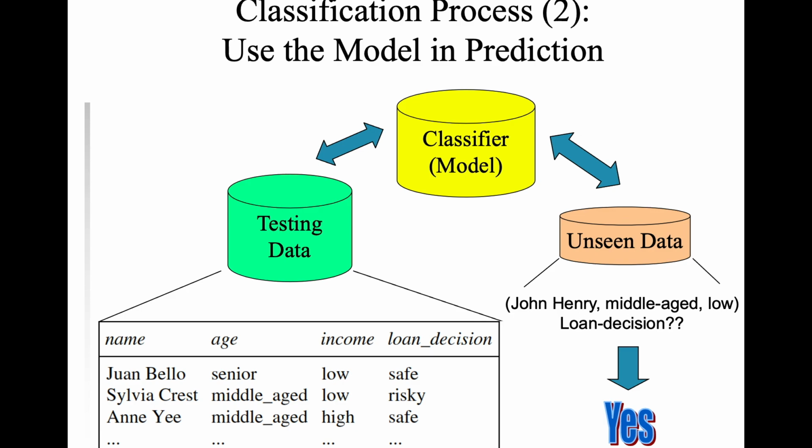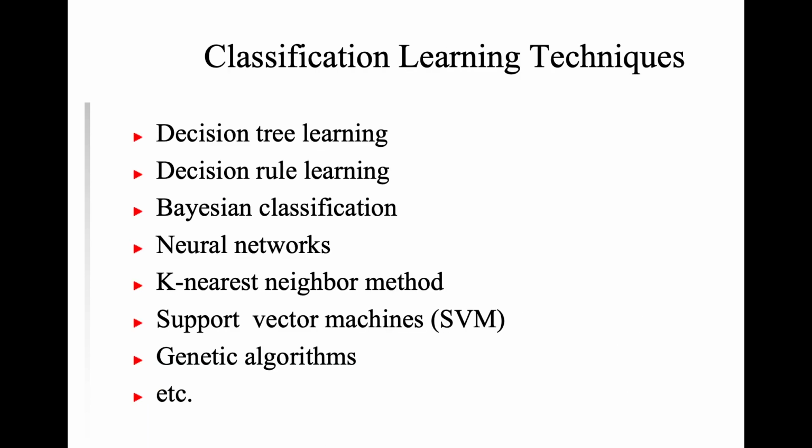Risky. Yeah, so you look at the features. It is middle-aged, and for the middle-aged, it could be either risky or safe depending on the income. If the income is high, it's safe. If the income is low, it's risky.